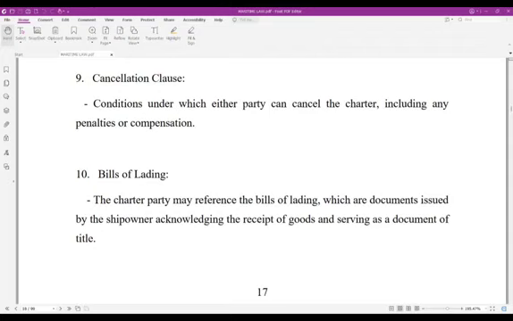The bill or bills of lading describe the charter party referencing the bills of lading. Of course, they are the documents that will be issued by the ship owner acknowledging the receipt of goods and serving as a document of title.